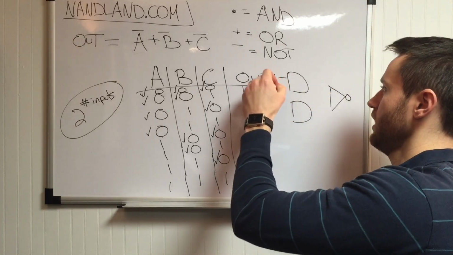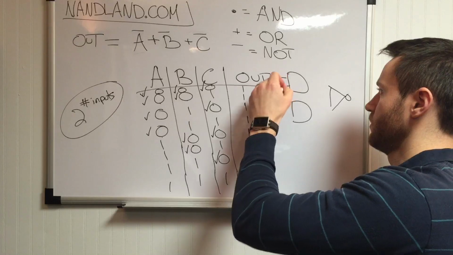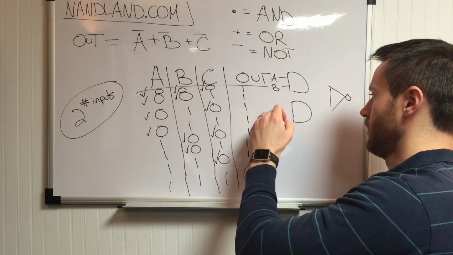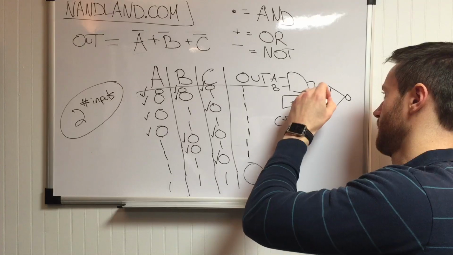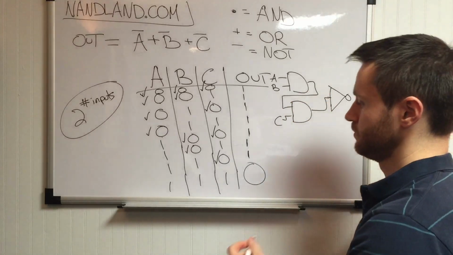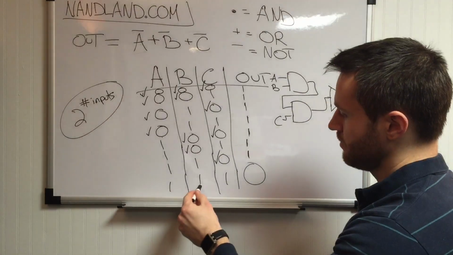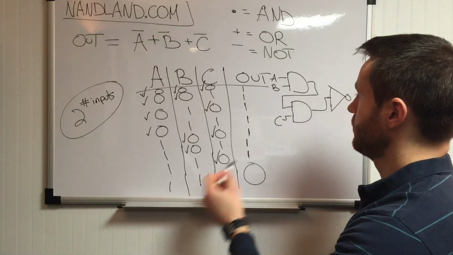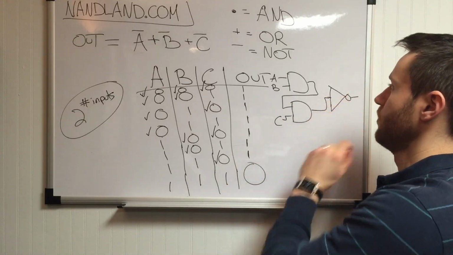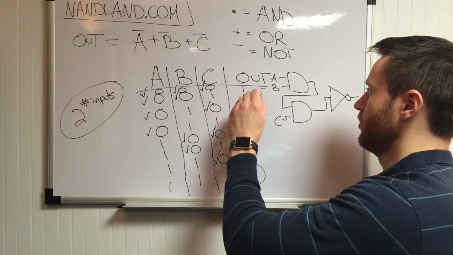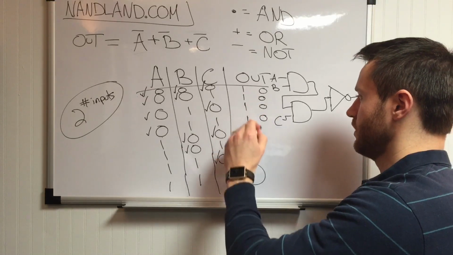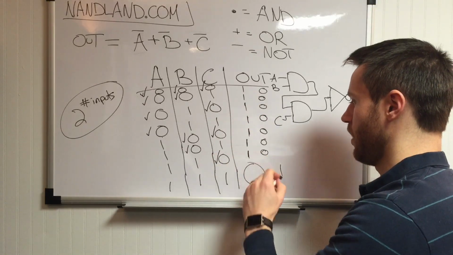So this could be A, this could be B, this could be C, A and B and C. If you were to just draw this circuit without the inverter, you'd get as an output 0, 0, 0, 0, 0, 0, 0, 1.